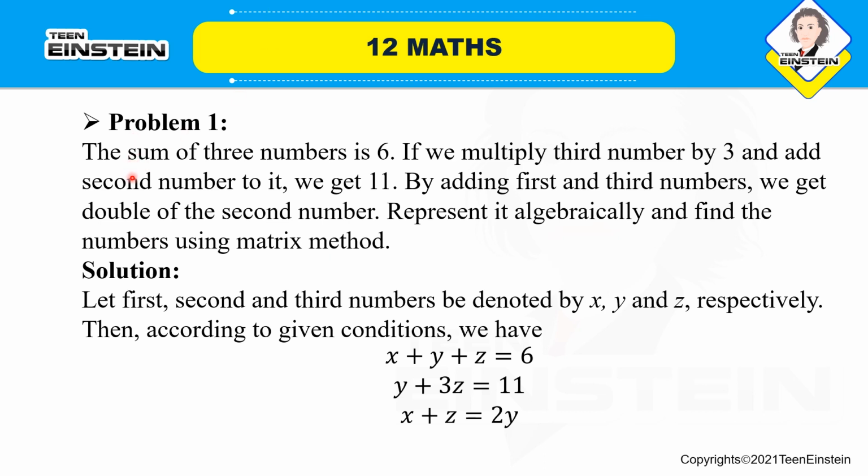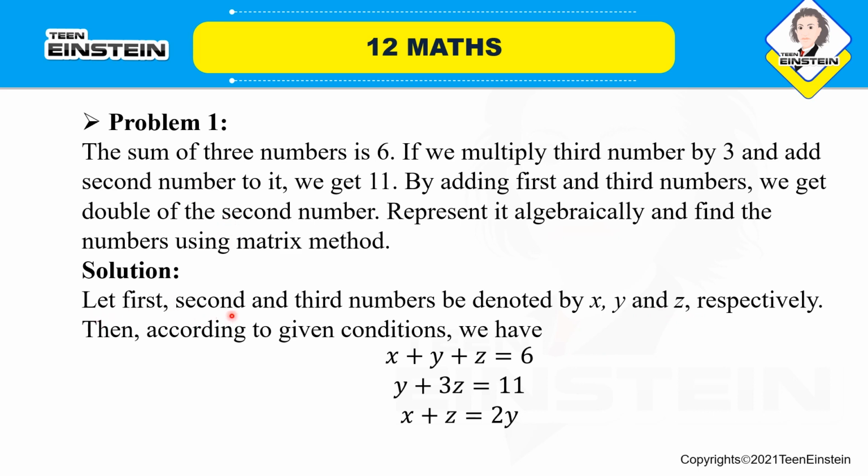Here, what is given to us? The sum of three numbers is 6. So we don't know those three numbers, right? So what we are assuming is that the first number is denoted by x, the second number is denoted by y, and the third number is denoted by z respectively.